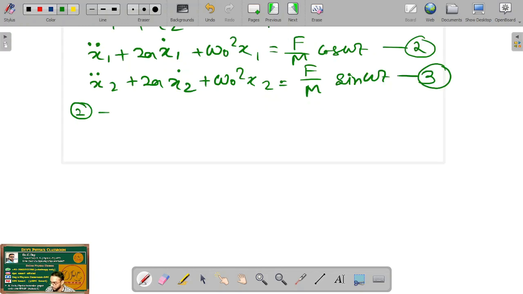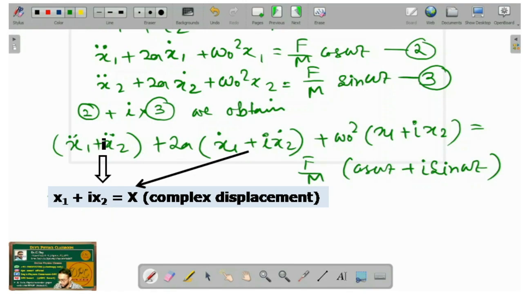Now we add equation 2 plus i into equation 3, and we obtain x1 double dot plus i x2 double dot plus 2a into x1 dot plus i x2 dot plus ω0² into x1 plus i x2 equals F by m cos ωt plus i sin ωt.